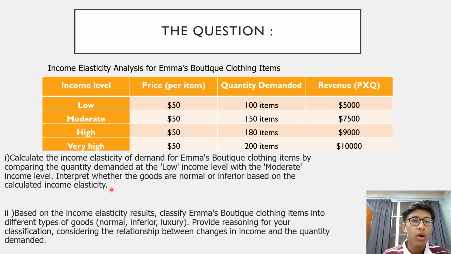The question wants us to find the income elasticity of demand for Emma's boutique from the table that is given, using the low income level and moderate income level, and then interpret whether the goods are normal or inferior. So let's go to the answer.